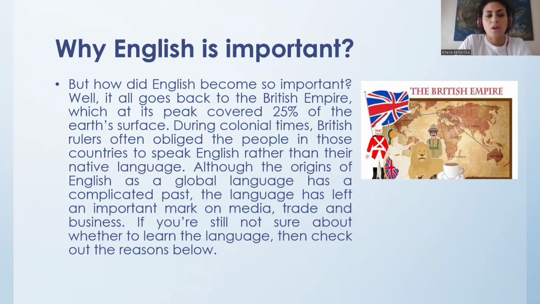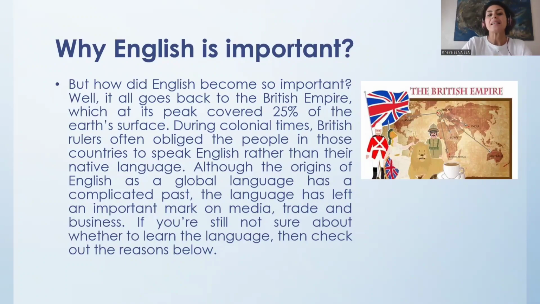Although the origins of English as a global language have a complicated past, the language has left an important mark on media, trade, and business. If you're still not sure about whether to learn English, then check out the reasons below.